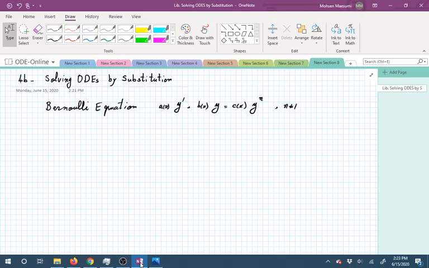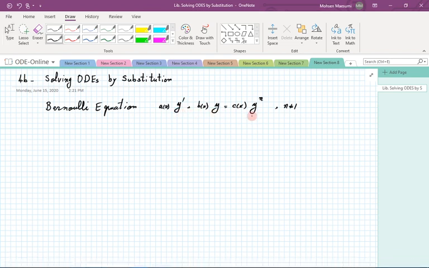We said in the previous lecture that Bernoulli equations have the following form. There's a y prime and a y and then y to some power other than 1, and there could be some coefficients as a function of x. The example that I'm going to do today is going to be written as t squared plus t squared y prime plus 3t y minus y cubed is equal to 0.